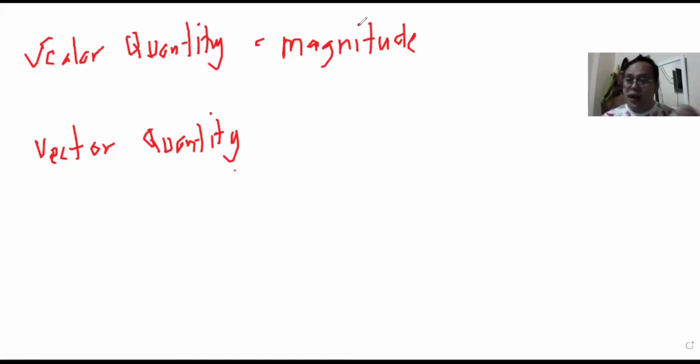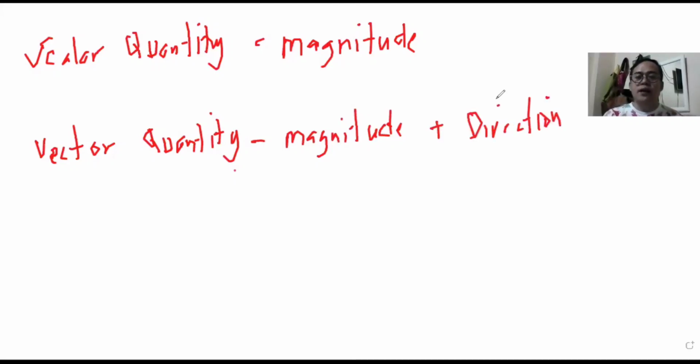And there are also derived or basic quantities that can be classified as vector quantity. With scalar, we are only referring to a certain number and no more description. Vector quantity is also a scalar quantity because it has a magnitude, but it is also referring to magnitude plus the direction.